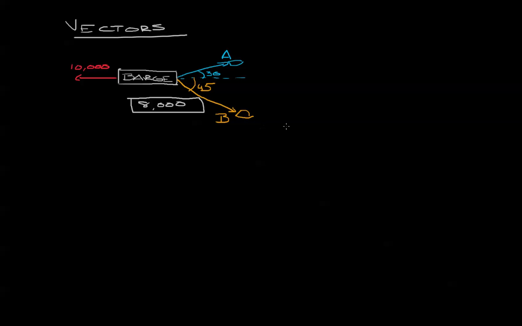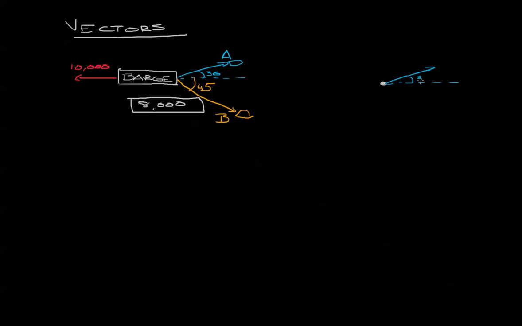Now the first thing that we're going to do anytime we get these problems is create our free body diagram. So here's our barge, and unless I say otherwise, all these forces are going to be acting at the center of the barge, so you don't have to worry about any rotation or anything like that. So first, you have the force due to A going in this direction, and it's at a 30-degree angle.